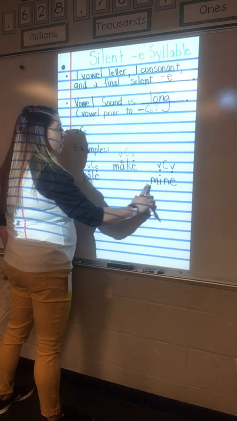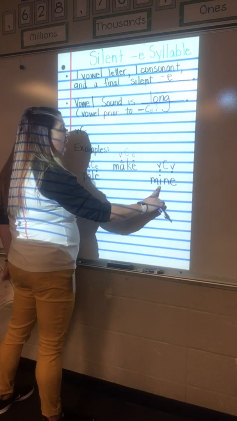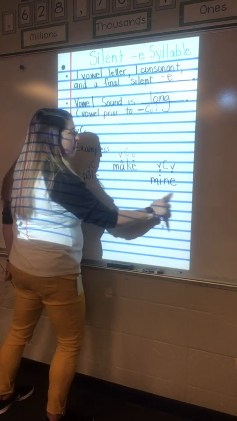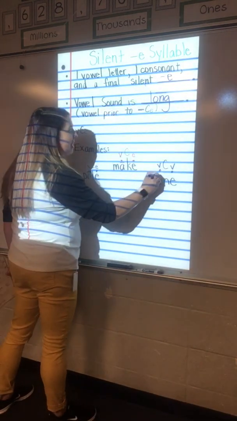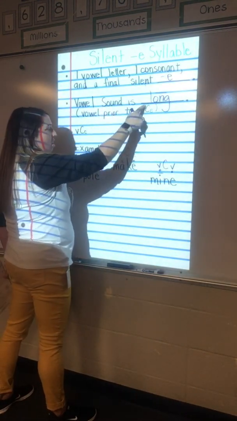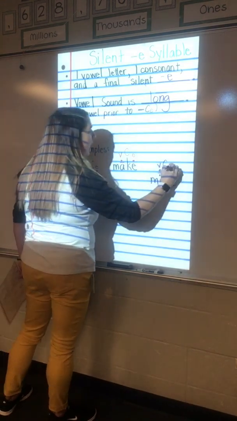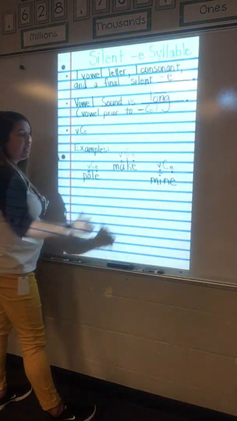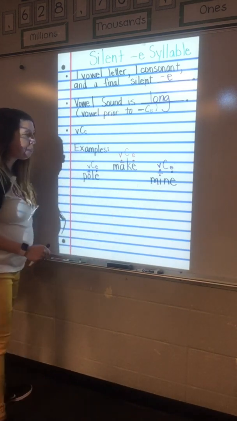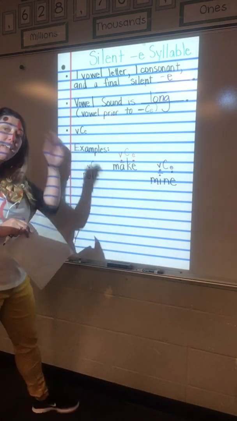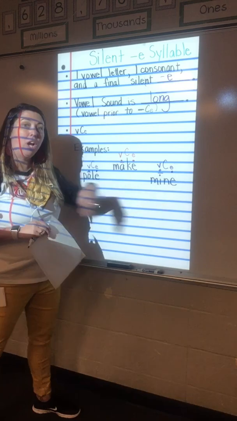Okay, or does it say mine? Mine. So was the I long or short? It was long. So the vowel sound is long. So is this a vowel or is it the silent E? It's a silent E, or we also call it the helper E. I'm going to make it little because I don't hear that sound, but it helps the first vowel say its name. That is our lesson for today. If you want to challenge yourself, I would love you to make more examples and label them here on Seesaw.